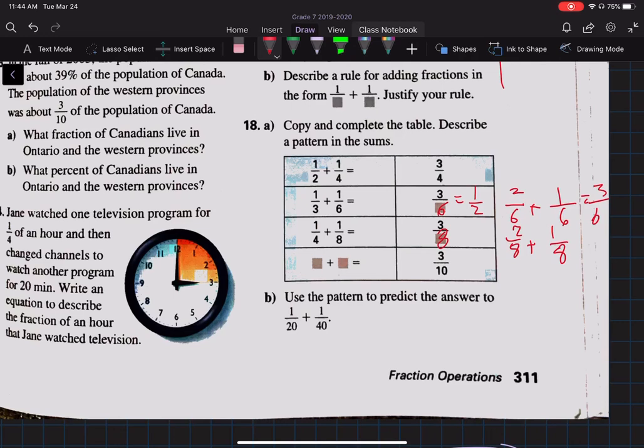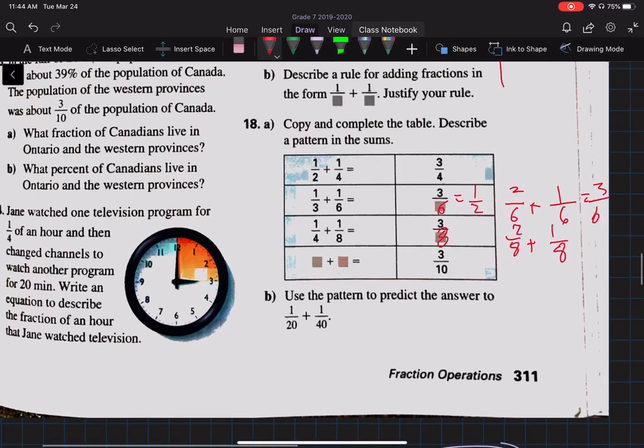And finally, they're asking us, what about 3 over 10? Same thing. You're going to do an over 10 here, an over 10 here, and a 1 and a 1. 1 over 5 plus 1 over 10 is going to be 3 over 10.